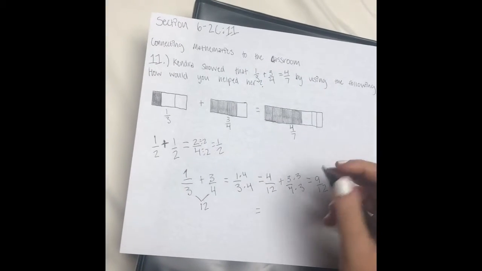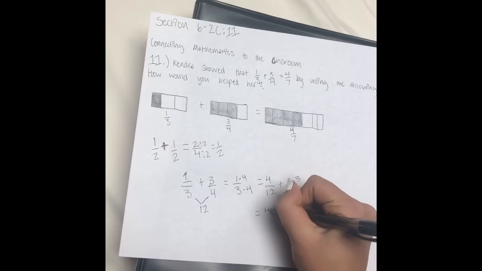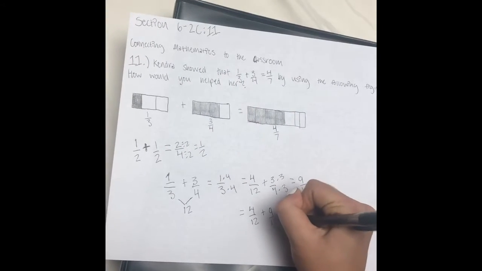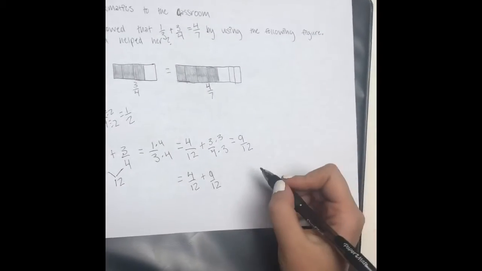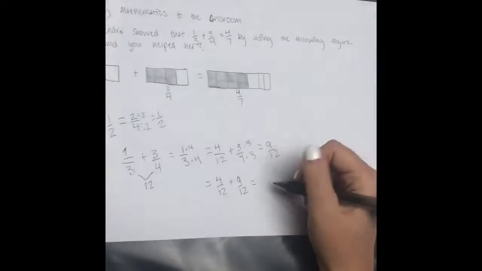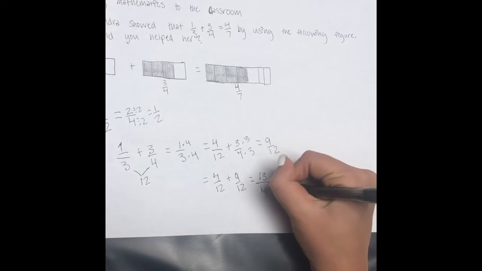So since we have a common denominator of 12 now, we can take 4/12 plus 9/12, and now we can add our numerators together. So 9 plus 4 equals 13, all over 12.